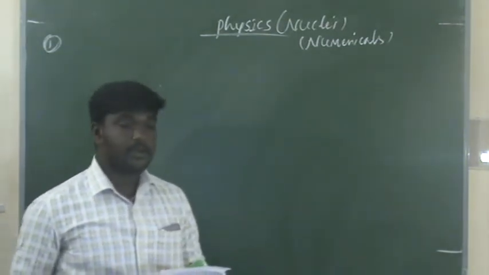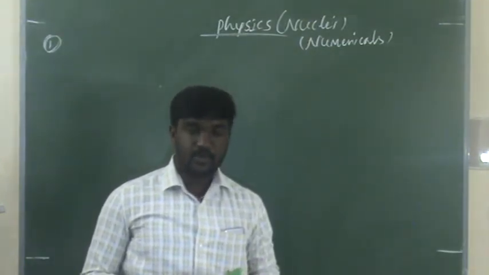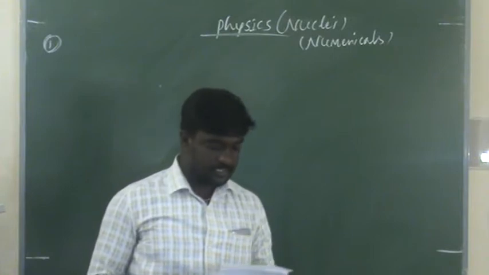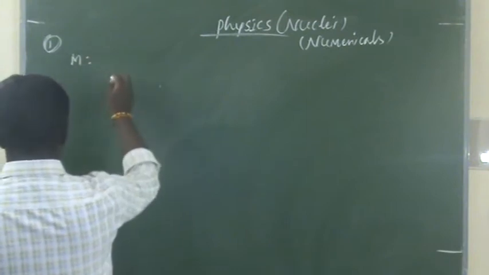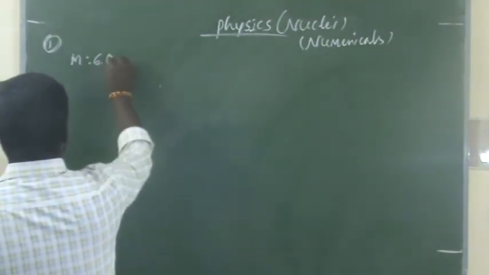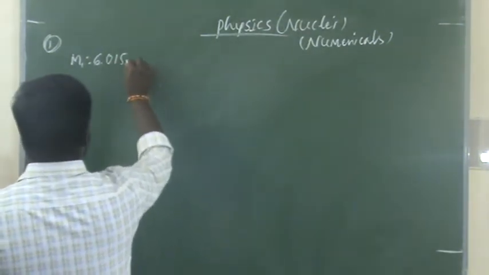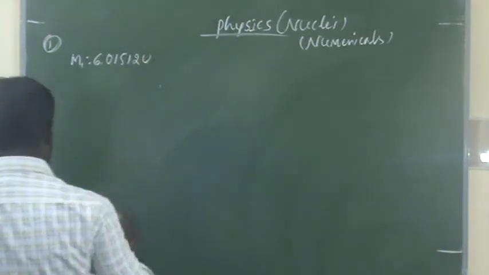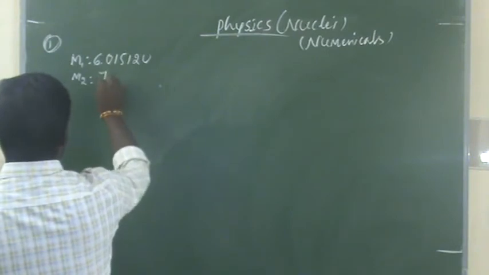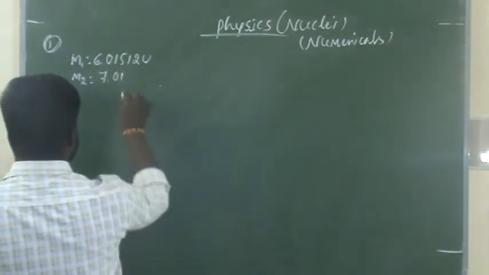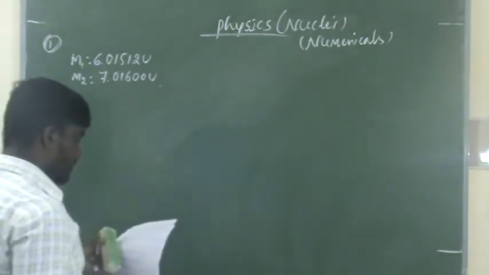7.5% and 92.5%. These isotopes have masses 6.01512 unit and 7.01600 unit respectively.